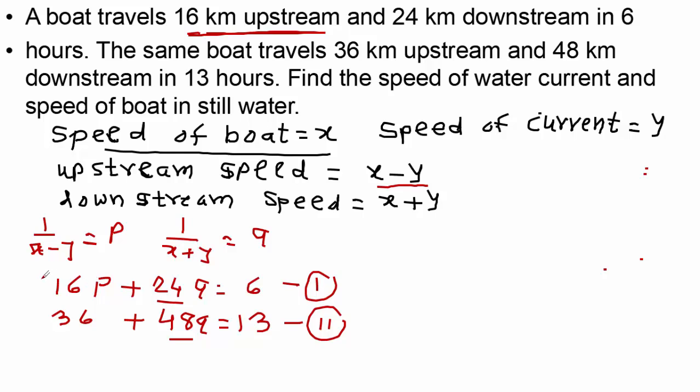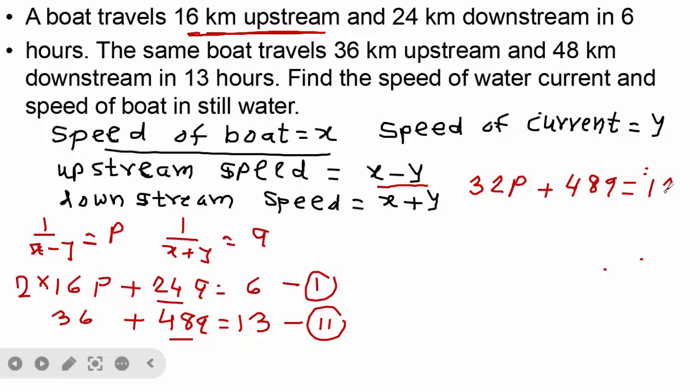Therefore, if we multiply the first equation by 2, we will get equal coefficients. So 2 into 16p is 32p, plus 24 into 2q, that is 48q, equals 6 into 2, that is 12.